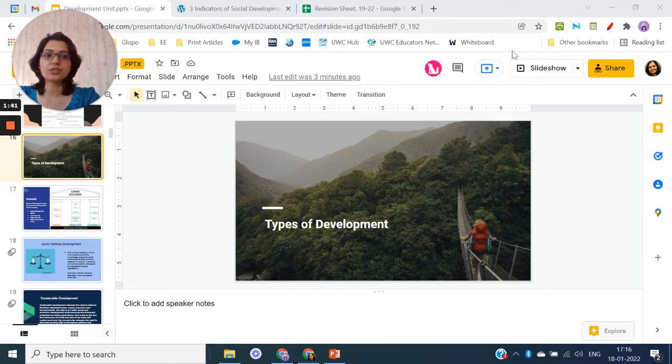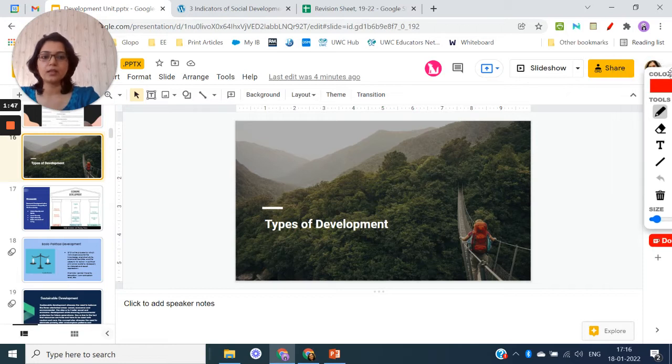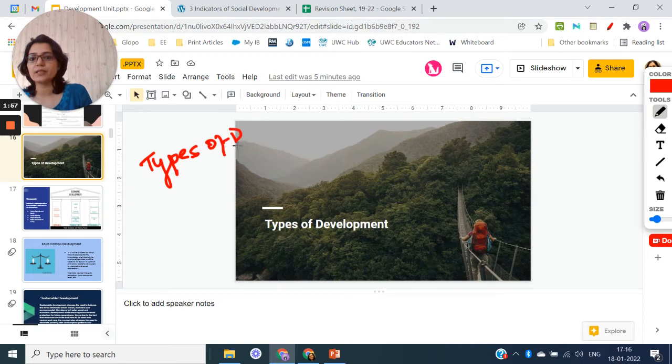You might be thinking about all these types of development, right? Now, what generally we see under development, in case we take all these pointers, which are types of development, then we would be considering from an economic point of view what we want to see.